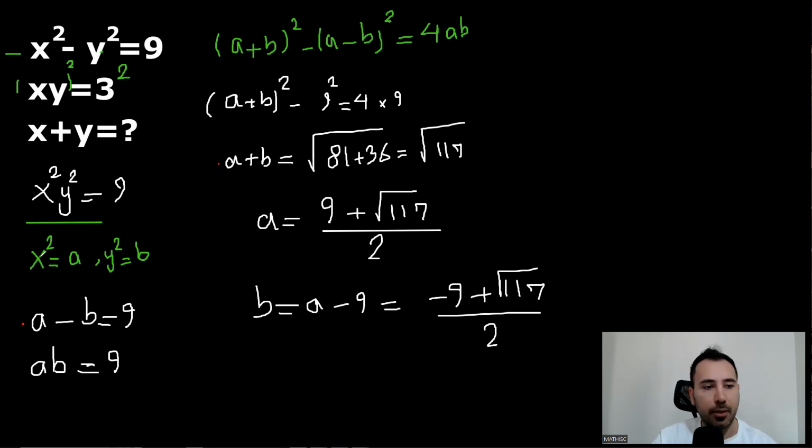So now we just need X and we just need Y. So from here, let's just write them here. From this one, X would be the square root of this. X will be the square root of 9 plus square root of 117 over 2.